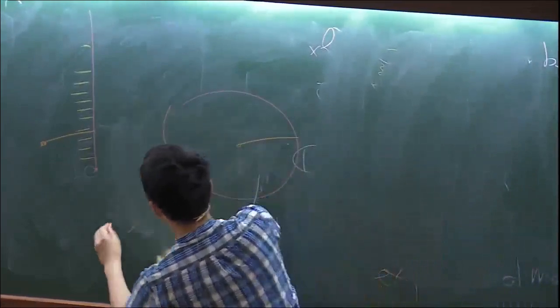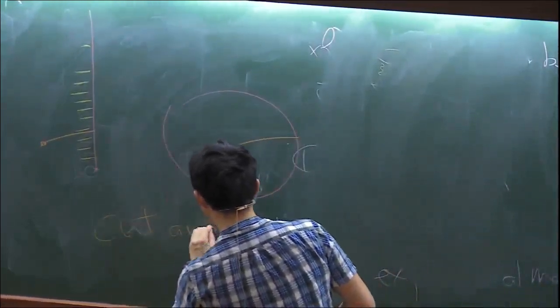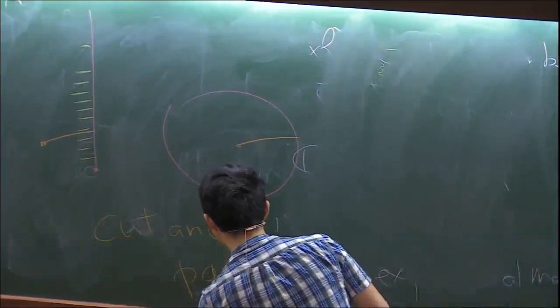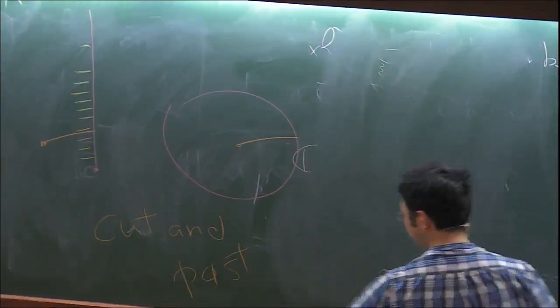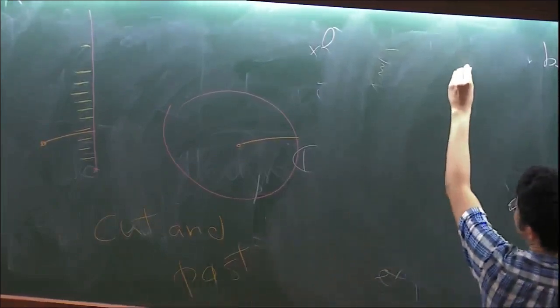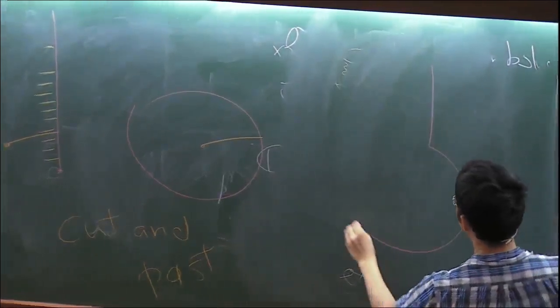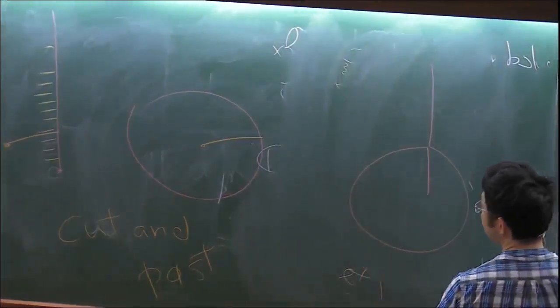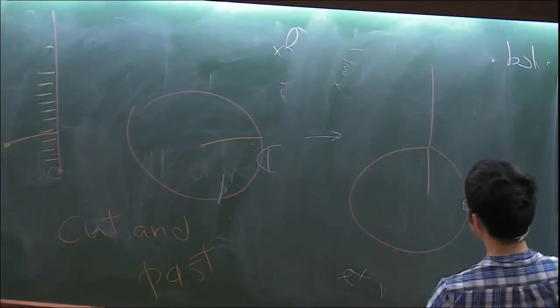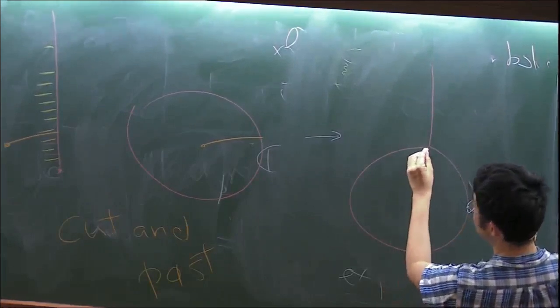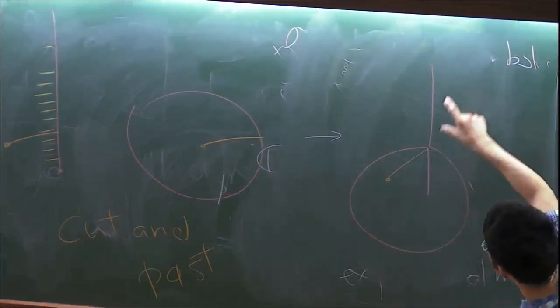You cut and paste. Make it something like this. You have one branch point somewhere here. Okay? So you do this equivariantly.